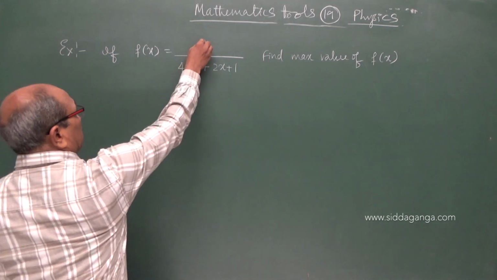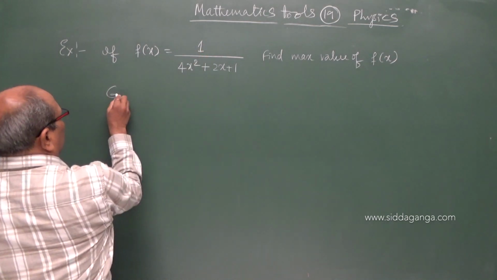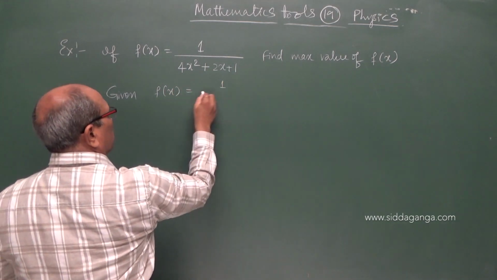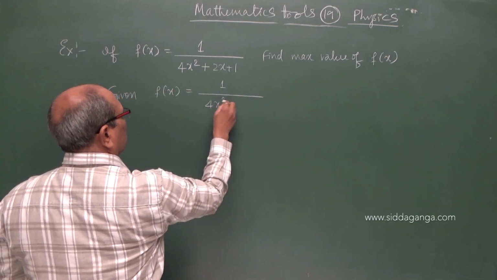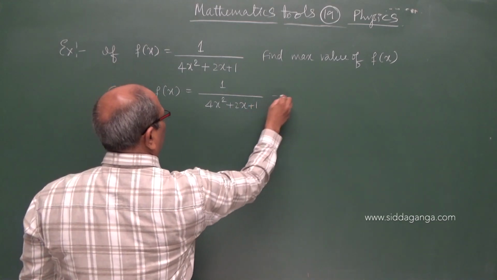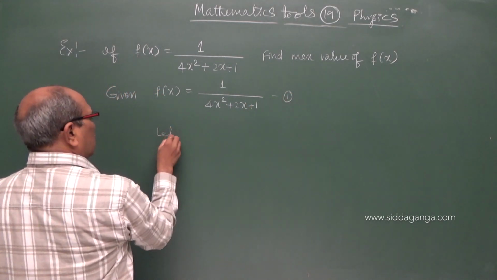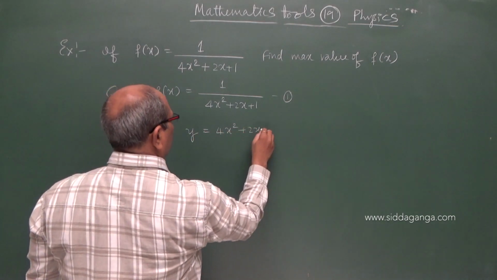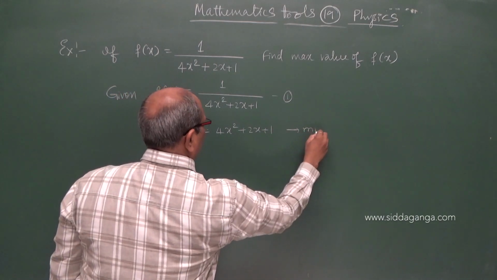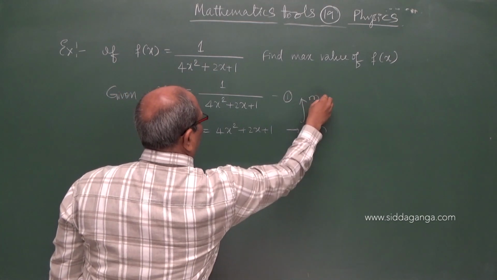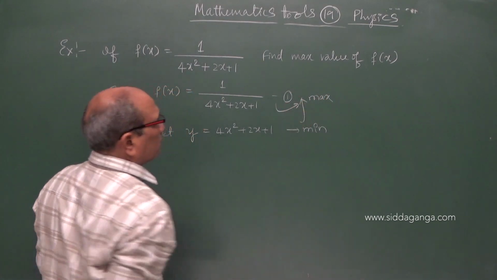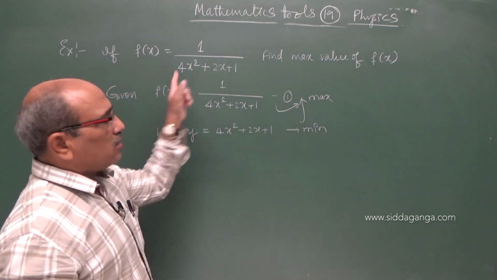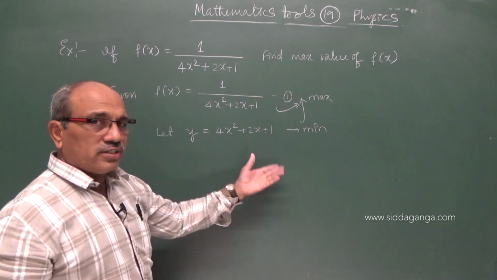Again, the numerator is constant. As in the previous case, 4x square plus 2x plus 1 should become minimum to make this maximum. If the denominator becomes minimum, then the function becomes maximum, as we have discussed in the previous one.